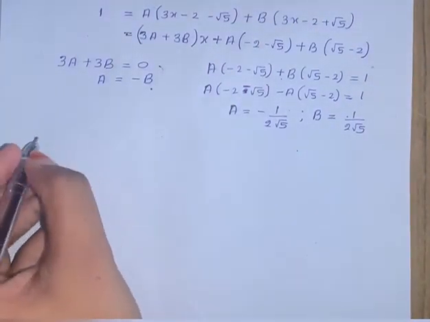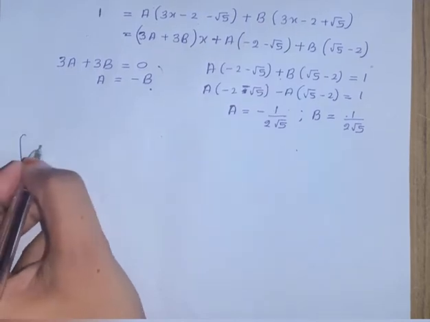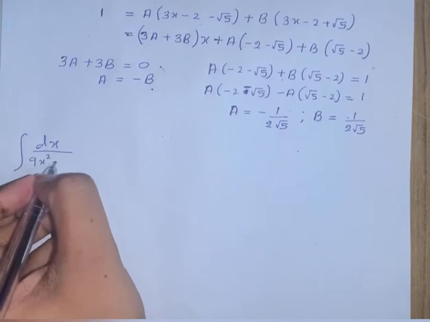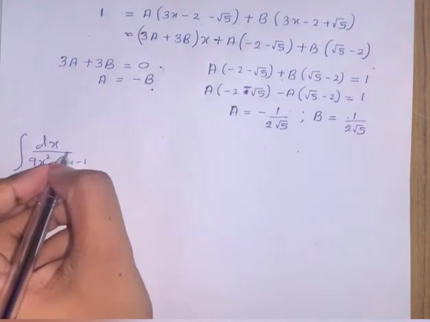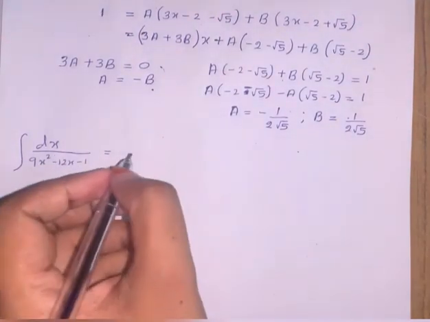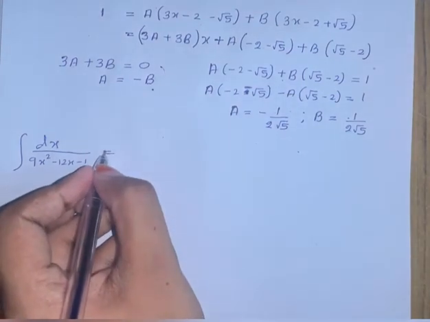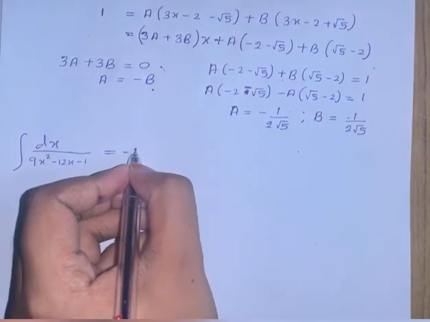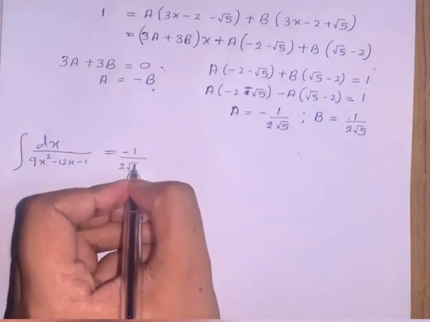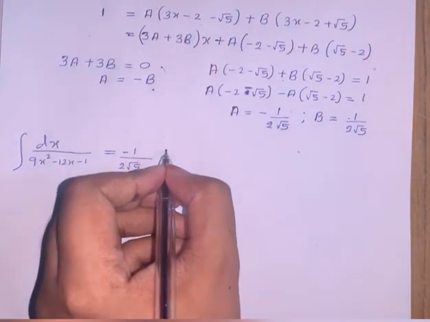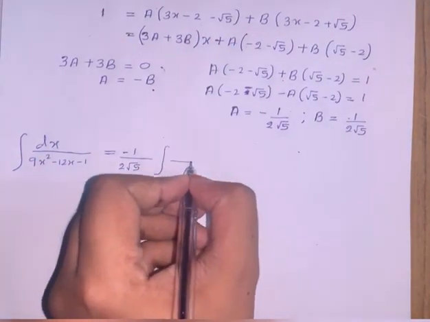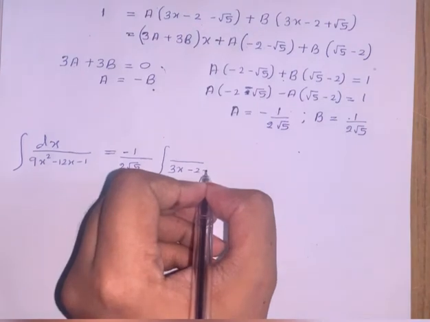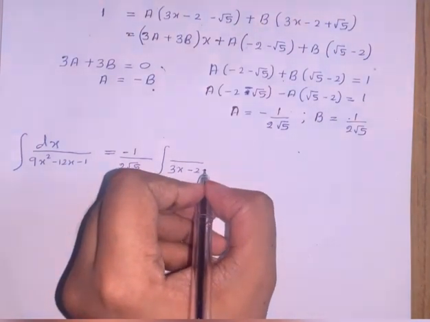So this a and b are constants. So if we write integration of dx over 9x squared minus 12x minus 1 is equal to, we can take out this constant parts out. So and integration of 1 over 3x minus 2 minus root 5.